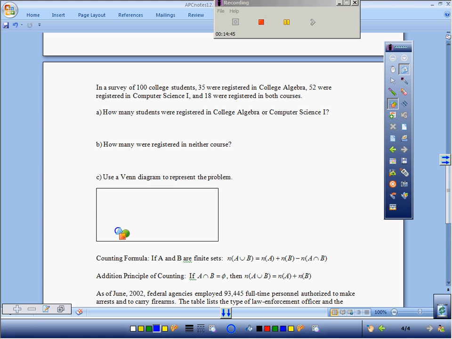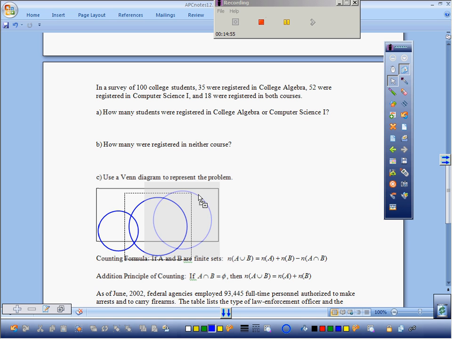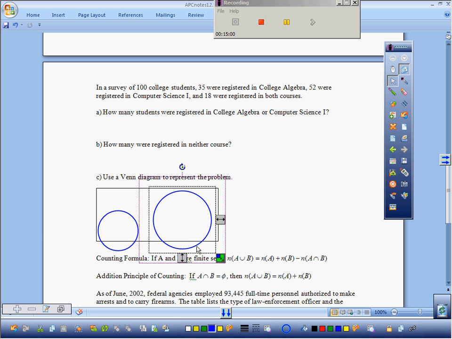So if you were to draw a circle here, and another circle here, and see if I could drag them around, make them overlap. This one should fit inside the box. Make it small.